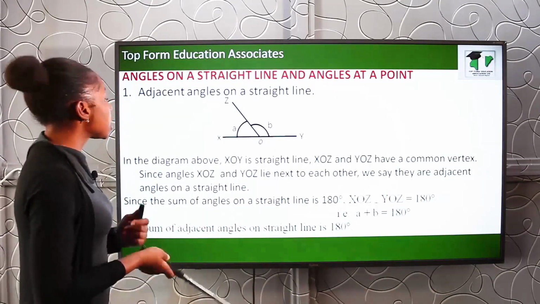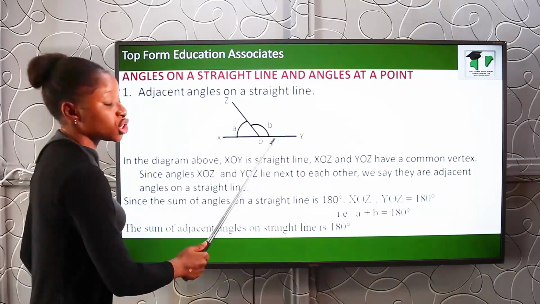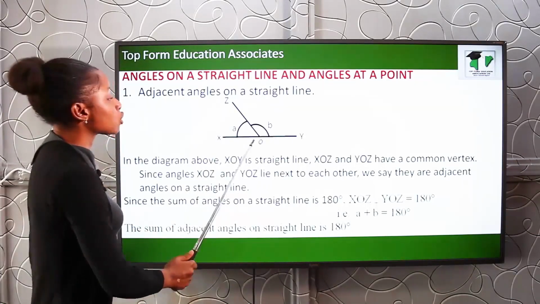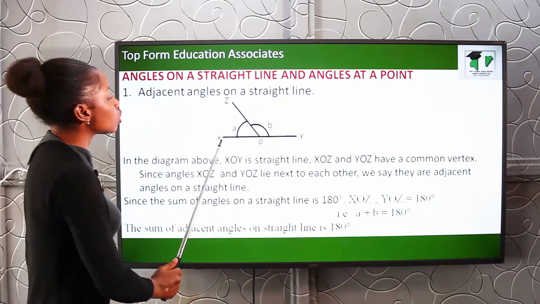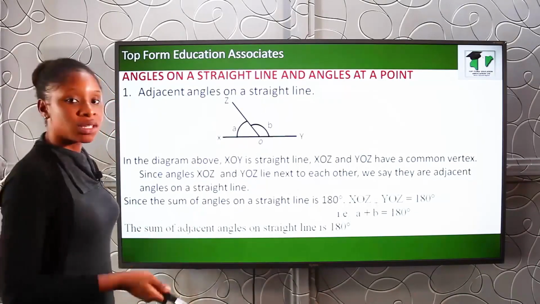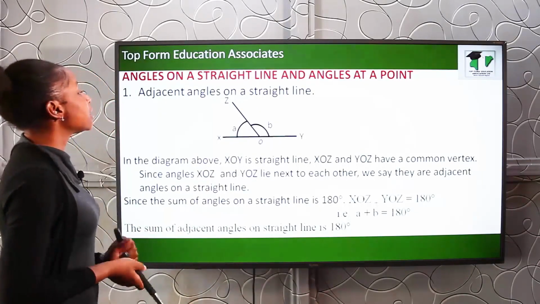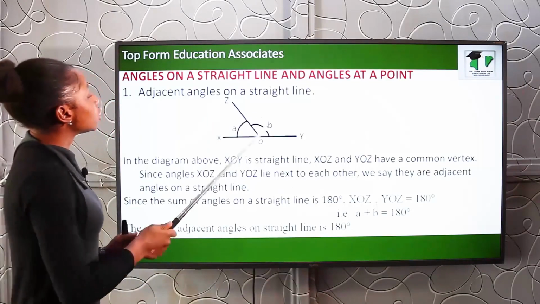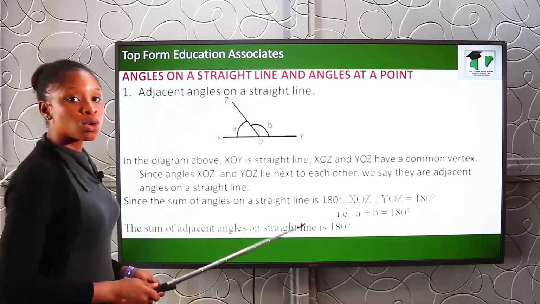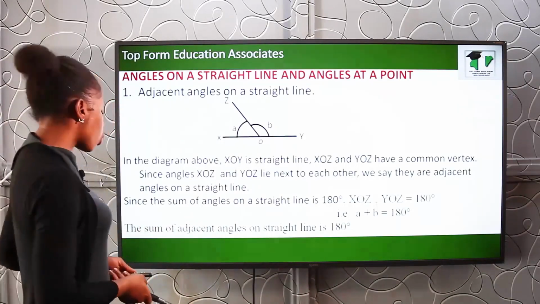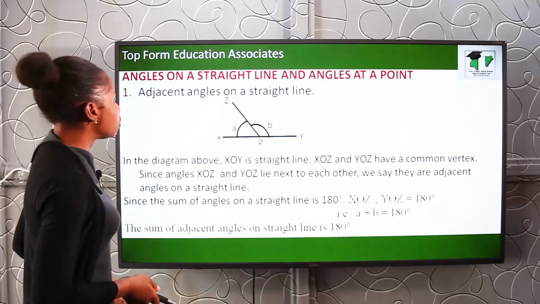Since the sum of angles on this straight line XOY is 180 degrees, we can also say that the sum of adjacent angles on a straight line is also 180 degrees.